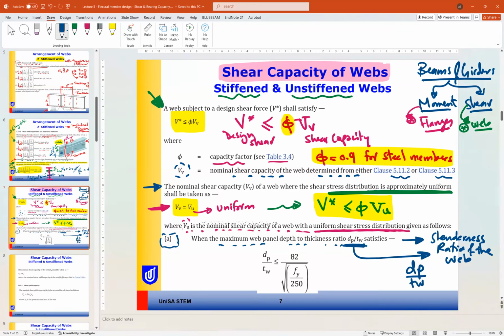So the depth of the web over the thickness of the web, which is the slenderness ratio, affects the shear. The first case, if we have d over tw less than or equal to 82 divided by root f yield over 250.